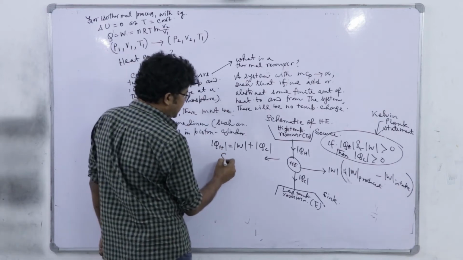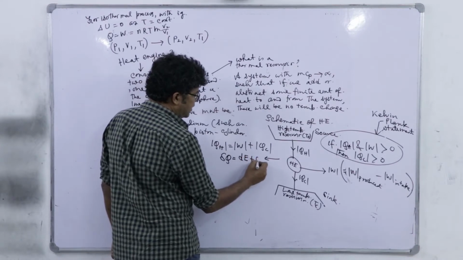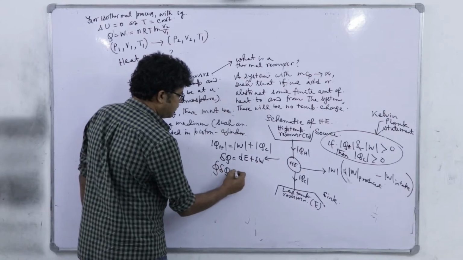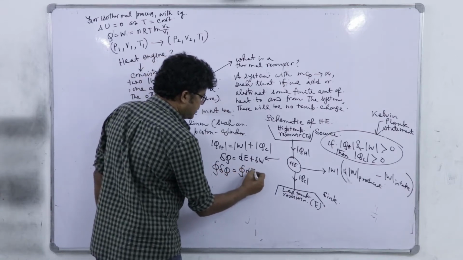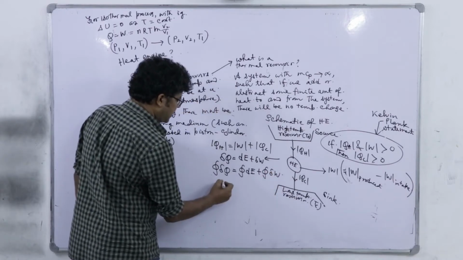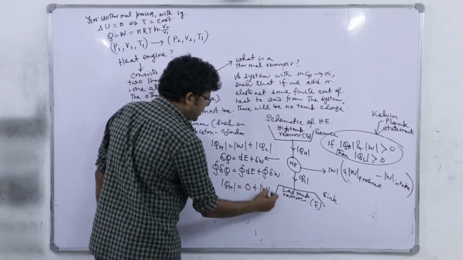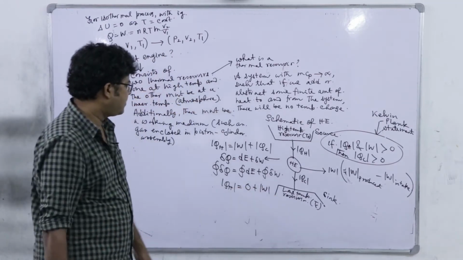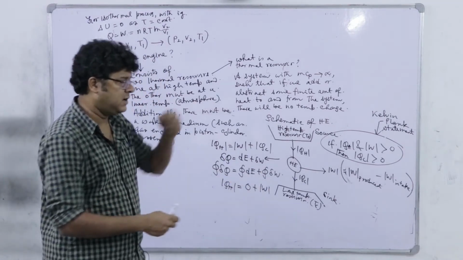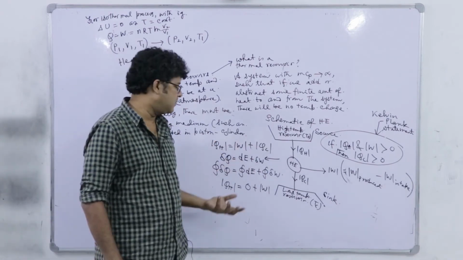So, if you write the first law, this is dE plus del W, and if I go for a cyclic integral, this becomes mod QH, this is 0, and this becomes mod W. Because heat and work are path functions, even if the original state is regained, there will be some work and some heat interaction with the surroundings.